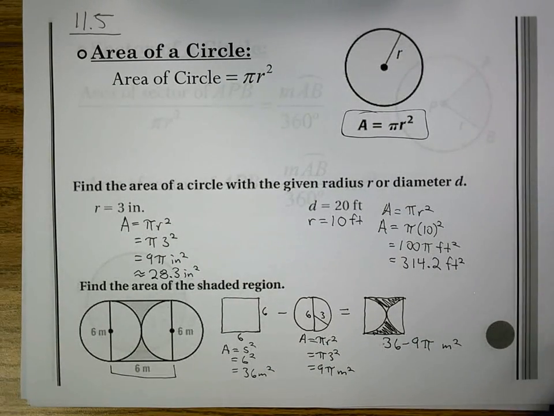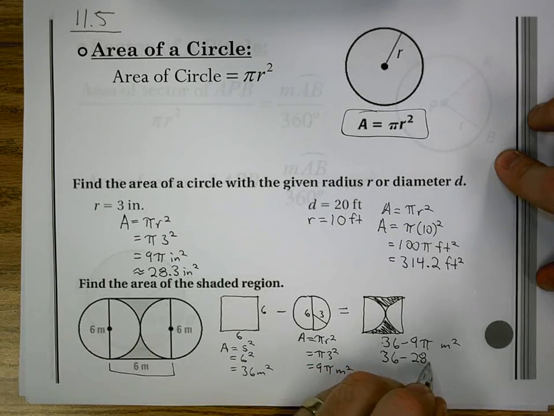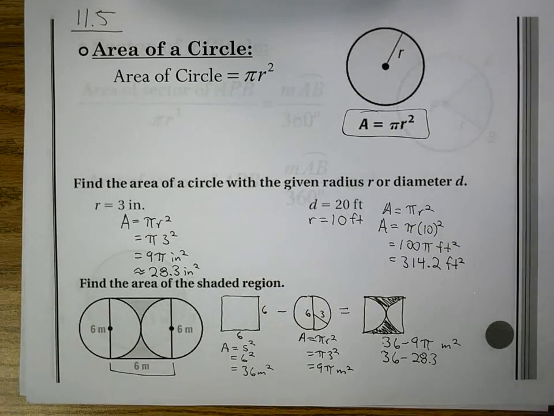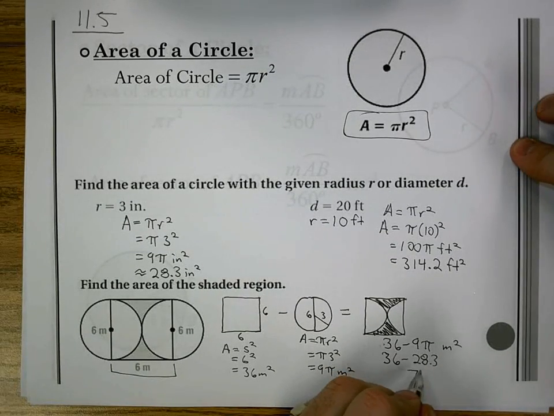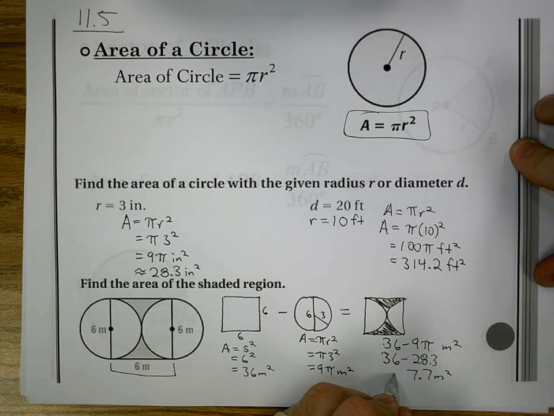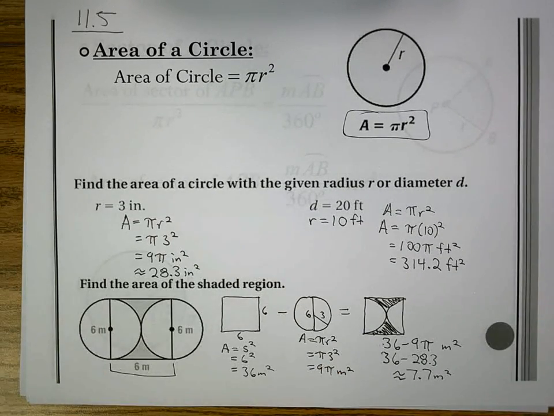Then to approximate that, I'm going to do 9 times pi, which is about 28.3. Subtract that from 36, and I get about 7.7 meters squared for the area of the shaded region. That is the area that's there that is not covered up by the circle.